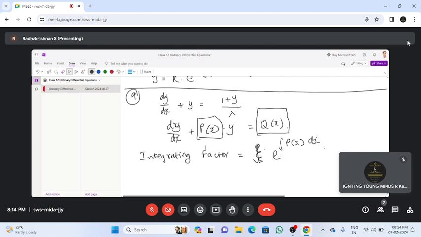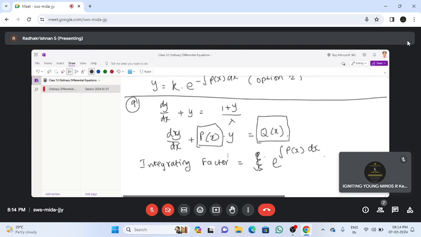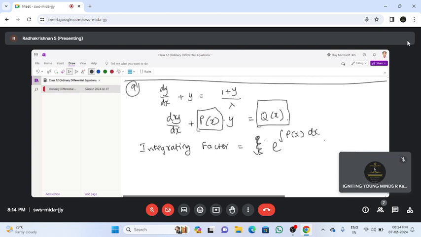Okay, so first let us see whether the given equation is in this form. Is it in this form?